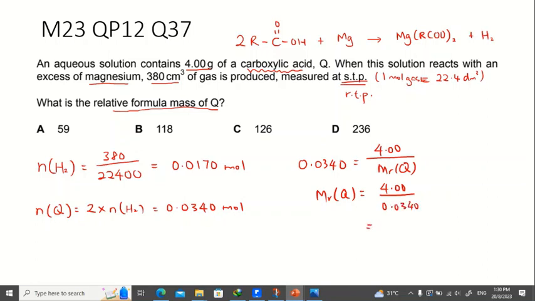So the answer from my calculator is 117.6. All the answers have no decimal point, so I have to round this up to 118. By looking at the answers, it should be 118.